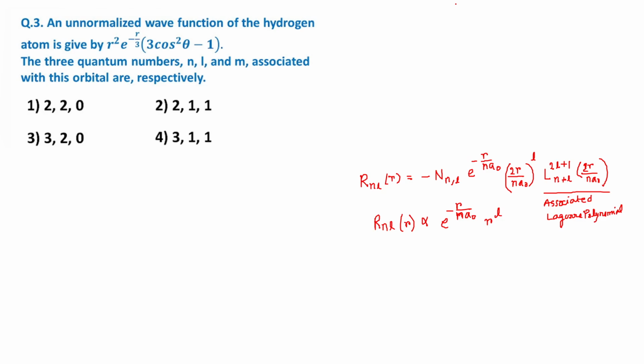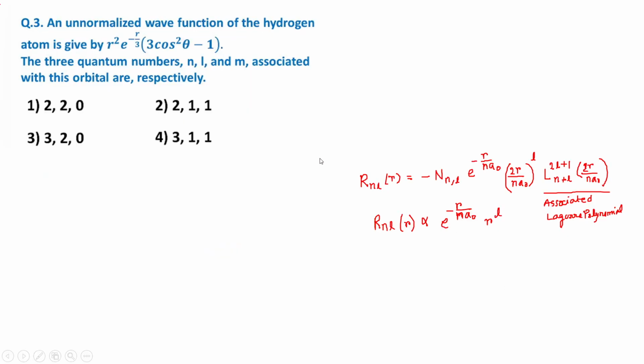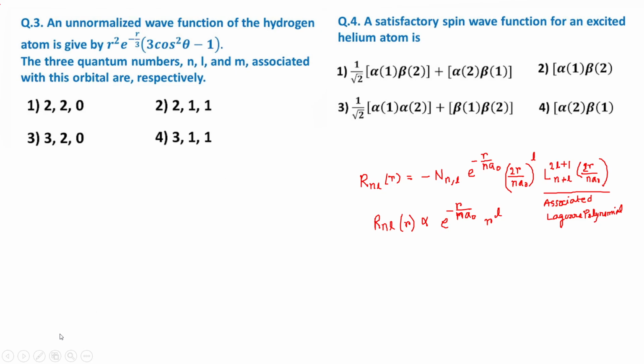So you always need to see, in this question, what is the question saying? That an unnormalized wave function of a hydrogen atom is given by r square e to the power minus r by 3 into cos square theta minus 1.